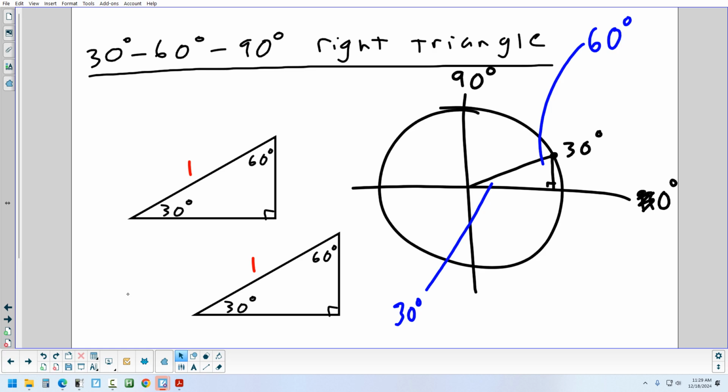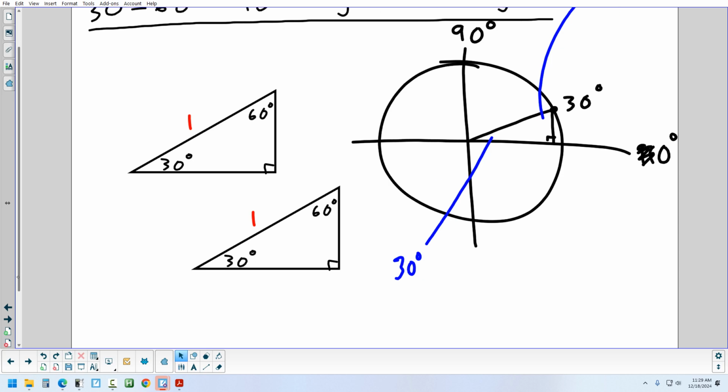Anybody have an idea of what we could do? Multiply by 2. Well, it's something visual. We're going to do something with what's on the board now.